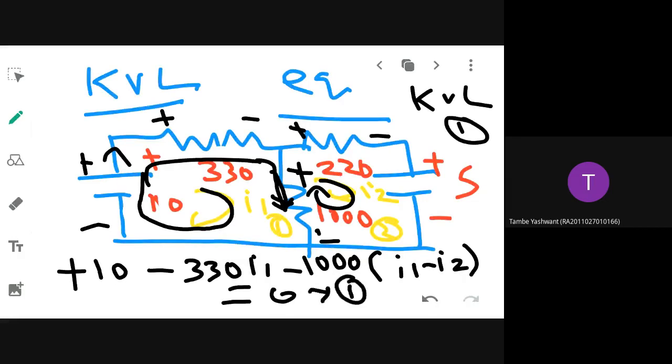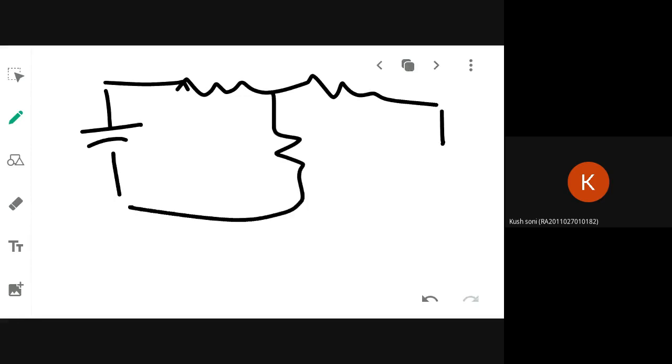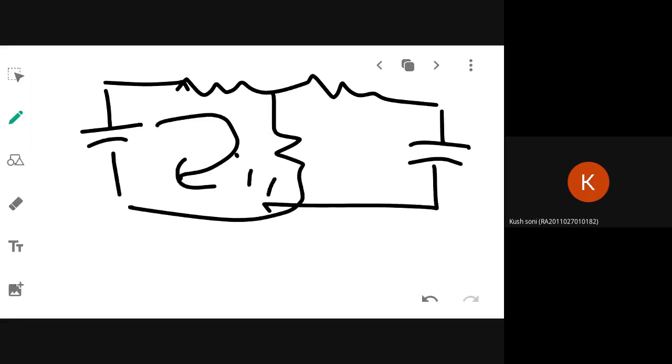You solve it further and tell me what is the coefficient of what? I1 minus I2? Wait. Okay. So if this is a circuit that you are doing now, here I have assumed what direction of current? Clockwise.